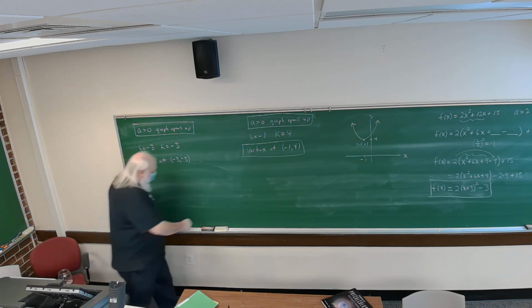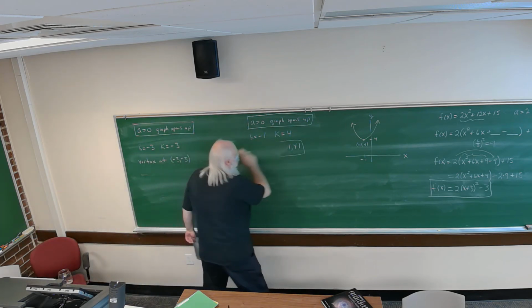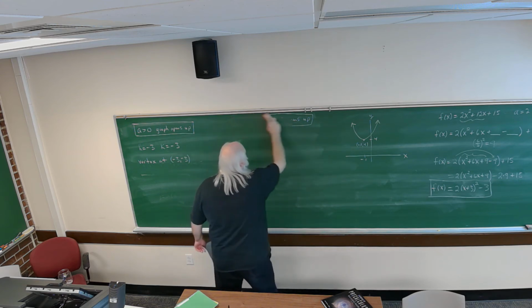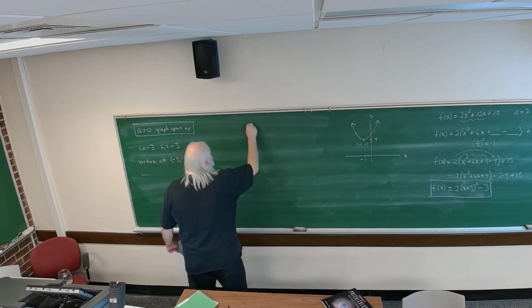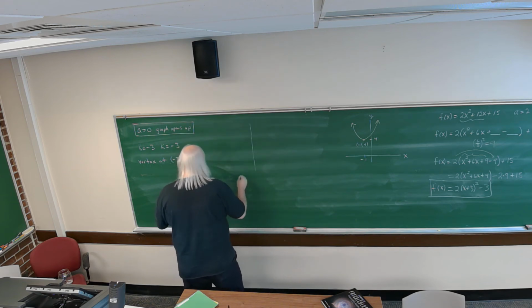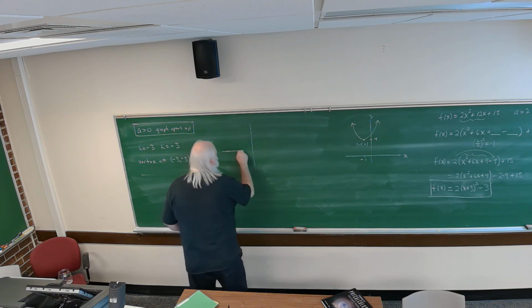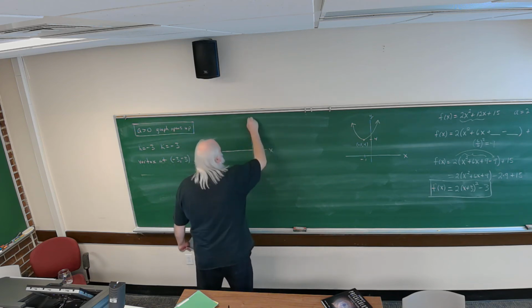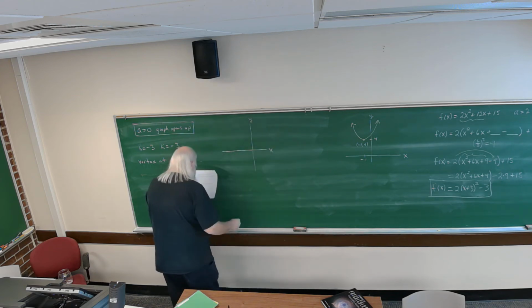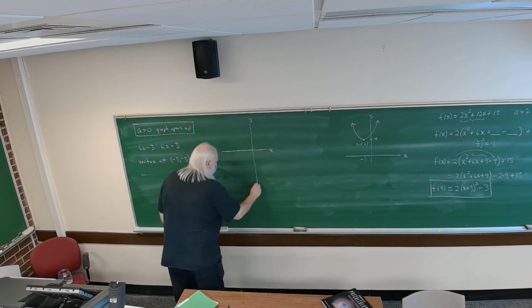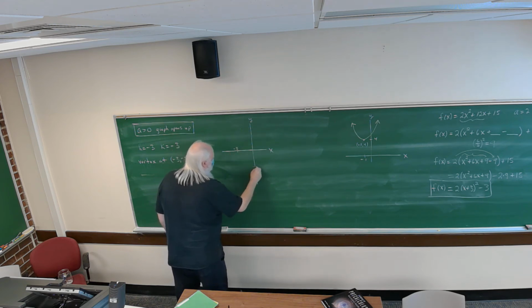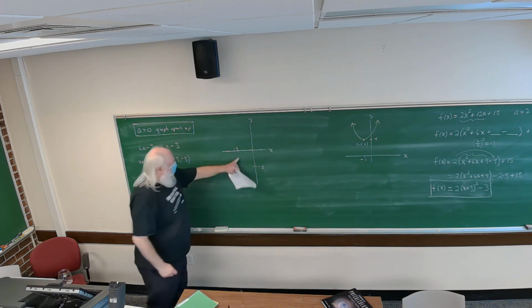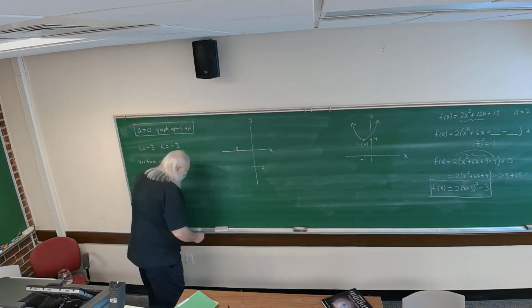And now we can graph, do a crude sketch. So here is my coordinate plane. X-axis, Y-axis. And so here's roughly -3 in my coordinate plane. All right, here's -3 on the X-axis, and there's -3 on the Y-axis, roughly.